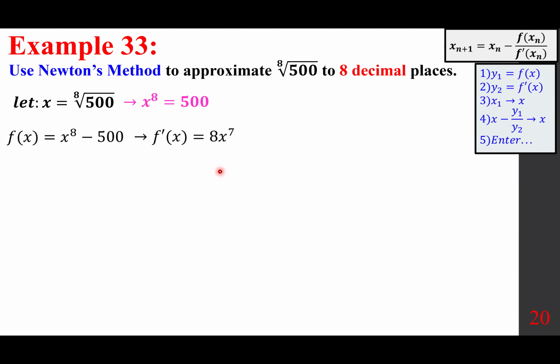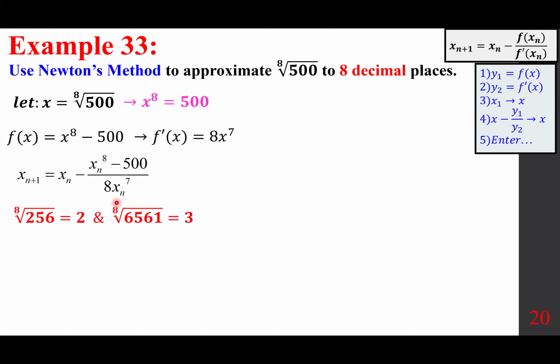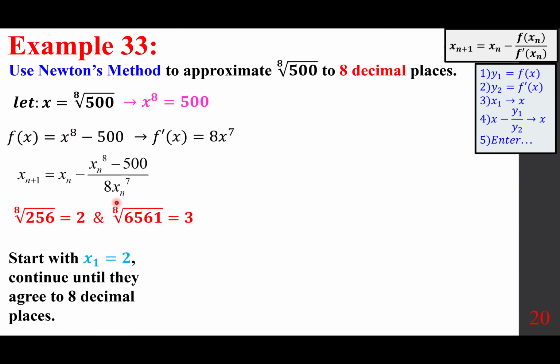Now I can write x sub n plus 1 is x sub n minus x sub n to the power of 8 minus 500 over 8 x sub n to the power of 7. And now the question is, what is the first number you're going to use? As you look at these two, you can use 2 or 3 or any number in between. It is your choice, but you have to make clear what your first choice is and why.